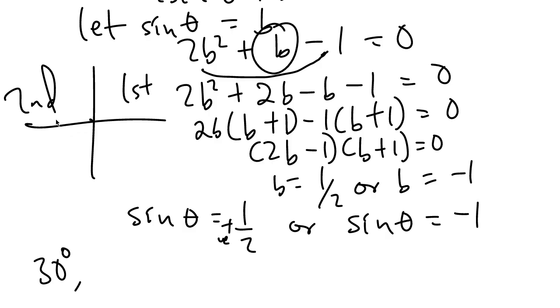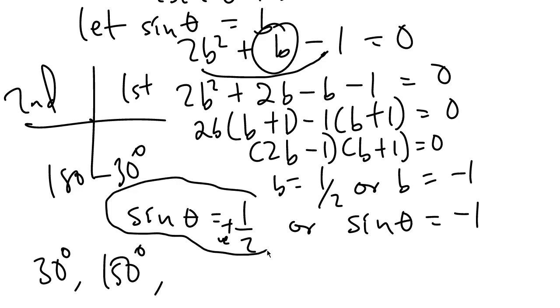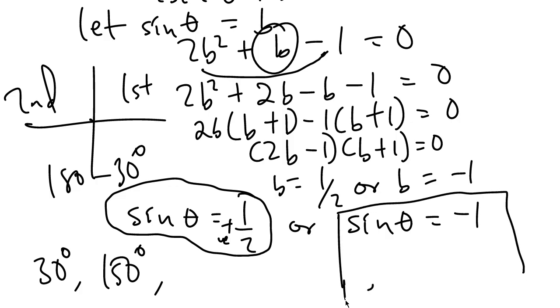So what you're then going to have here is what? 180 minus 30, which is what? 150 degrees. These are the only two possible answers in this section, because these are the only two values for which sine is positive. But if we now consider the other one, which is sin θ equal to negative 1, what are we then going to have?